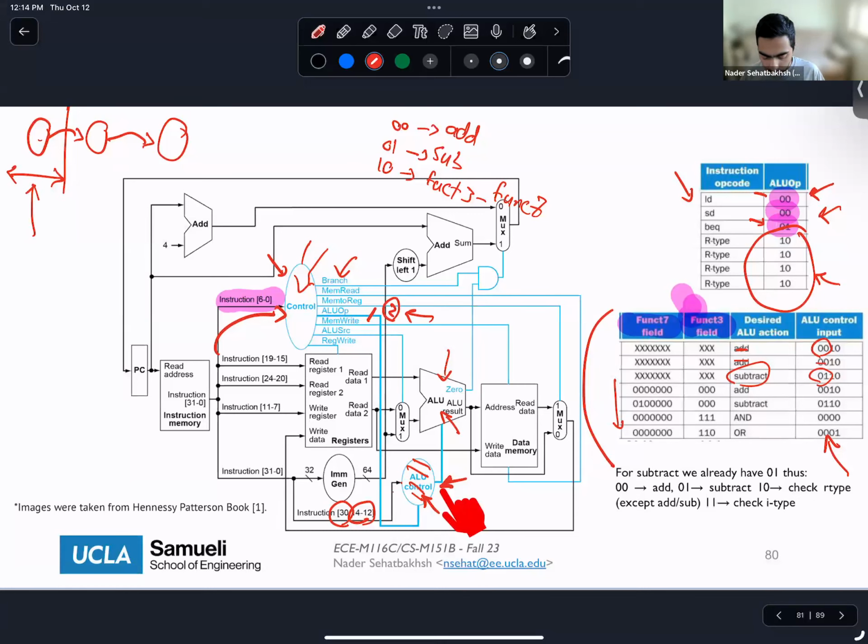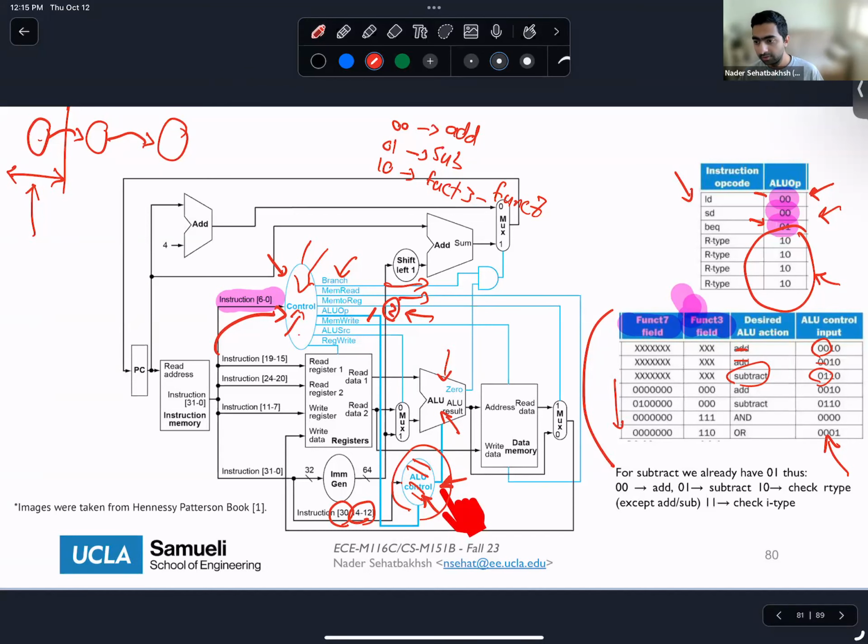My opcode tells me the type of instruction, whether this is R or I or load or store or branch. And then I can create all these other control signals as fast as I can. I'll use another step for the ALU control to do the actual decoding. So this is the rationale behind the way that we're doing this. Of course, you could have decoded everything directly in the controller. The only difference is that this makes things slightly slower.